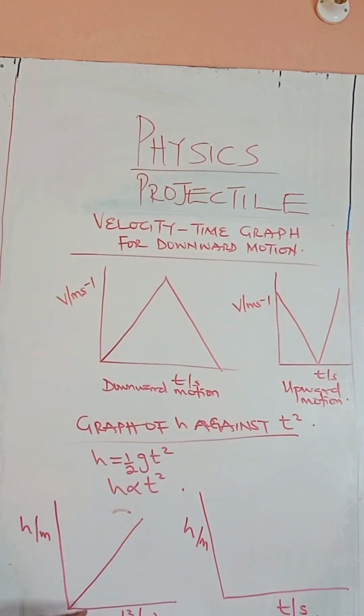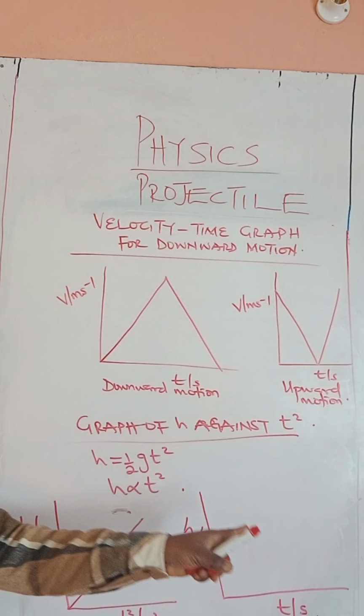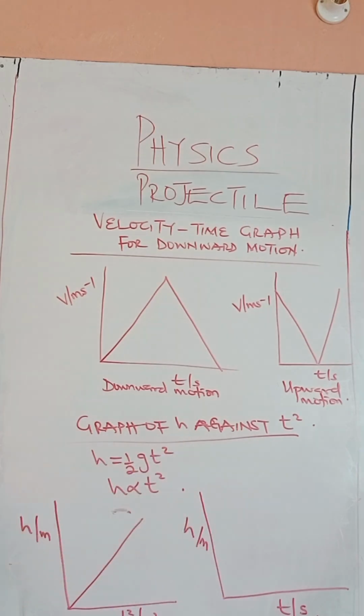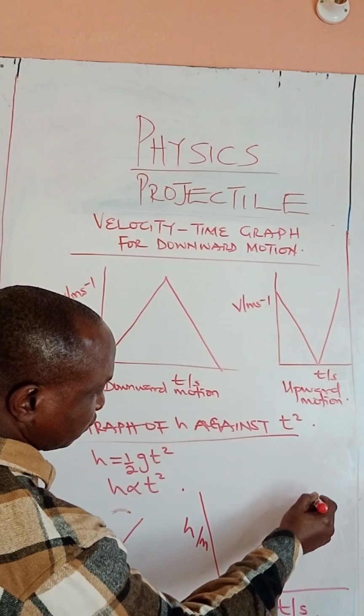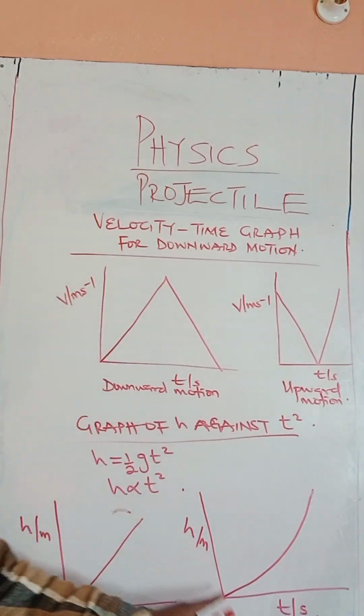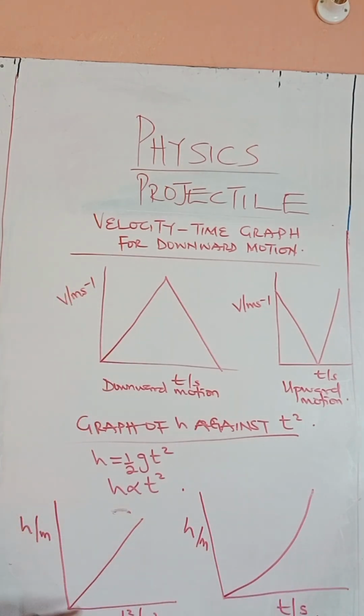You can see the difference: h against t squared, and h against t. Each time they ask you to draw this, they will equally ask you to draw the other. This is the graph of h against t squared for downward motion. Please take note of that.